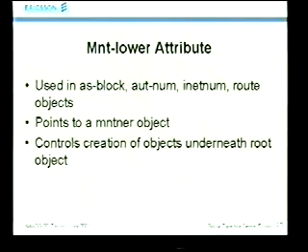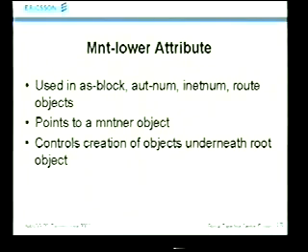The mnt-lower attribute is used in AS-block, aut-num, inetnum, and route objects. Inetnum is an object that exists in some databases that describes IP address ranges. This attribute points to a maintainer object. It's exactly like mnt-by, but it controls the creation of objects underneath the object.